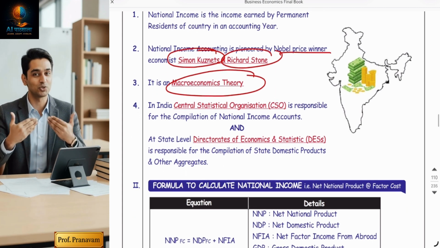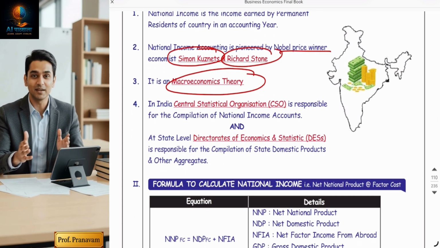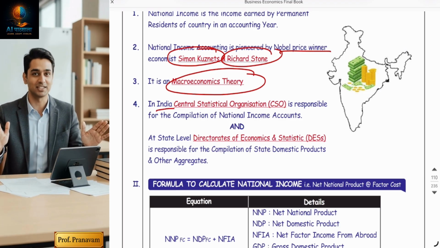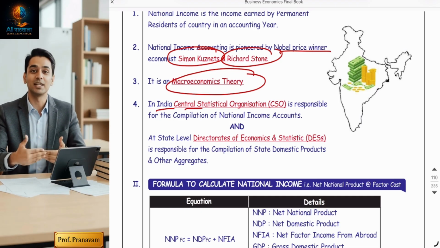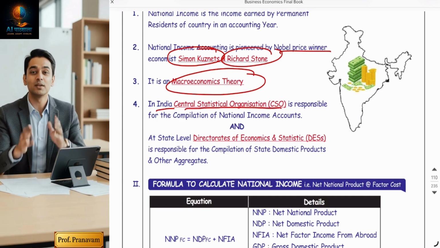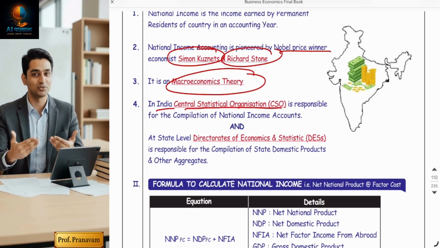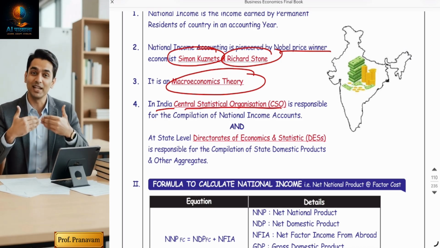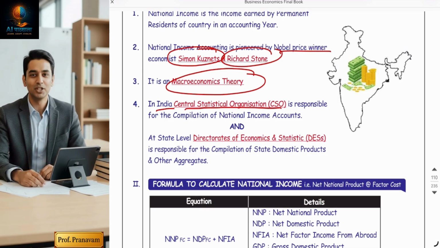Now the question arises, who compiles the national income in India? Friends, in India, national income is calculated by the Central Statistical Organization, which is now under NSO. It compiles national income accounts, GDP, GNP, and other aggregates.